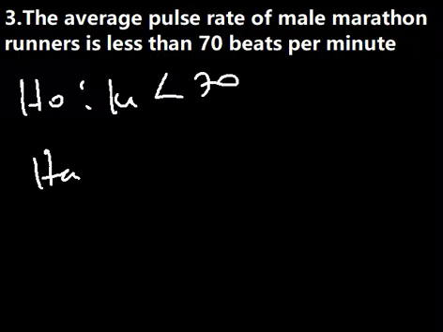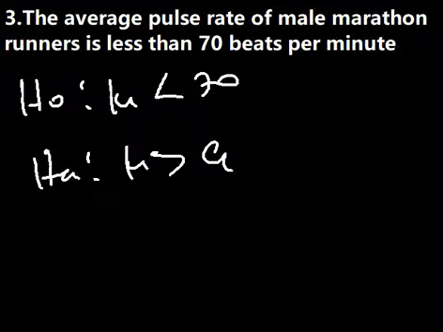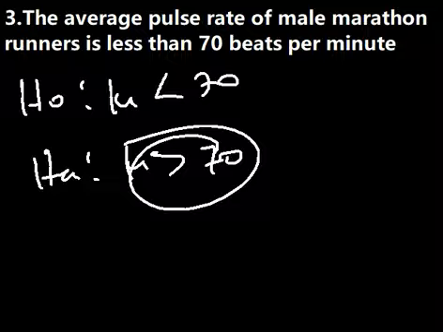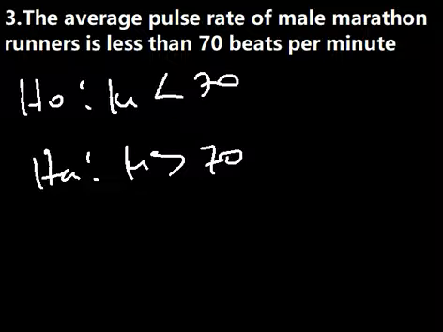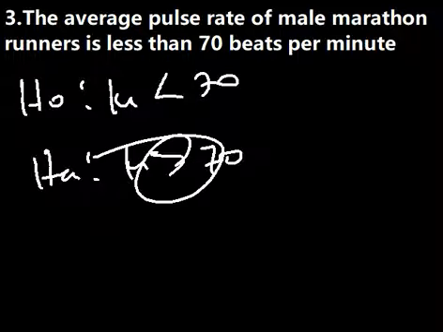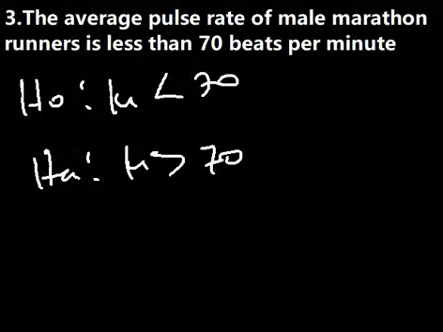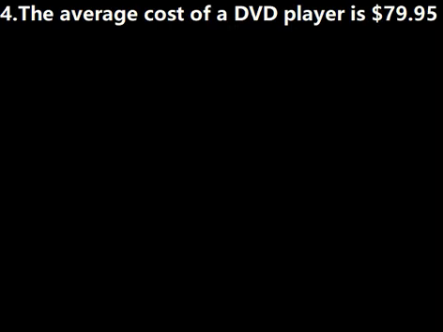And what is the alternative hypothesis? We'll have mu is greater than 70. So this is a one-tailed test, and that is a right-tailed test because the alternative hypothesis favors the right-hand side.